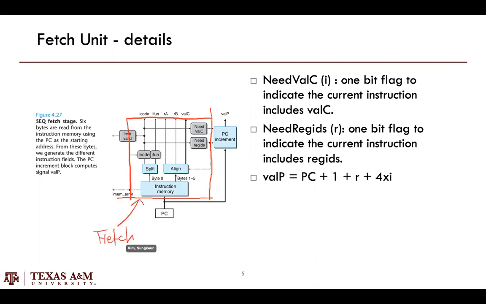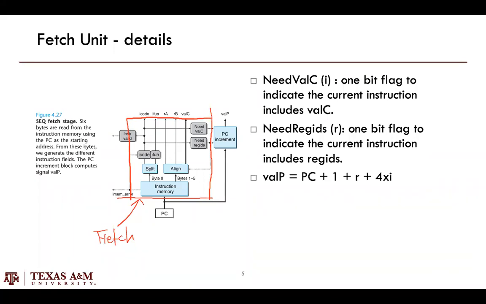So when you implement the fetch unit using the logic, you can create a new circuit which is fetch, and then you can decide what is input and what is output here. So then let's take a look at what is input and output. I'm going to use green for input.